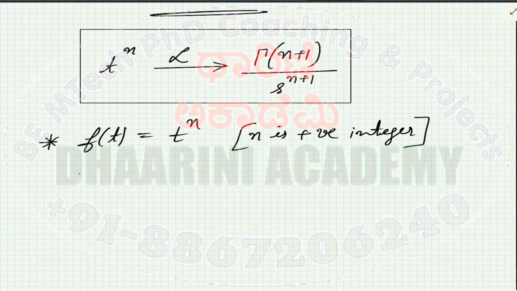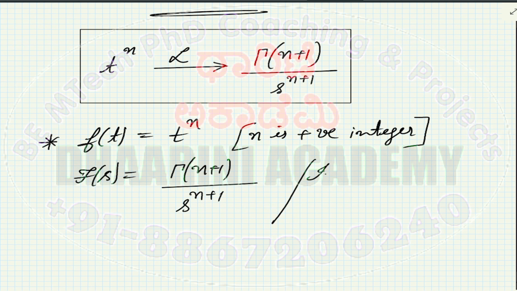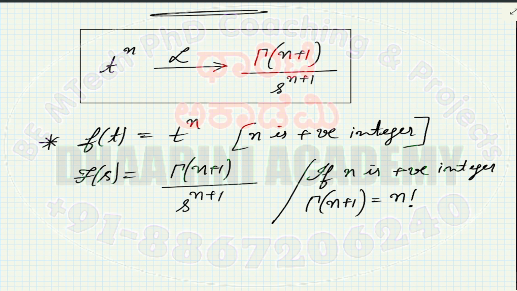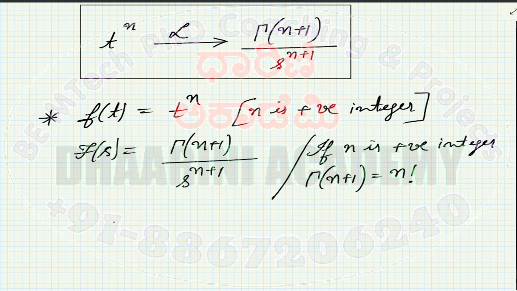The previous result says that F of s is nothing but gamma of n plus 1 divided by s to the n plus 1. We already have this. But we already know something. If n is a positive integer, use a property of gamma function. Gamma of n plus 1 is nothing but n factorial. So this means it can be reduced to n factorial divided by s to the n plus 1.